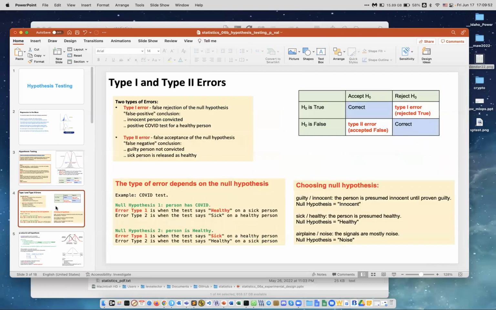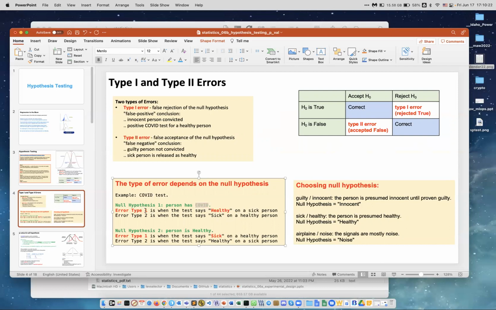I want to stress that in the same experiment, depending on how you define the null hypothesis, the type of the error may change from type 1 to type 2 or the opposite. So here is an example, a COVID test. And suppose we take as null hypothesis that the person has COVID. So this is our null hypothesis.